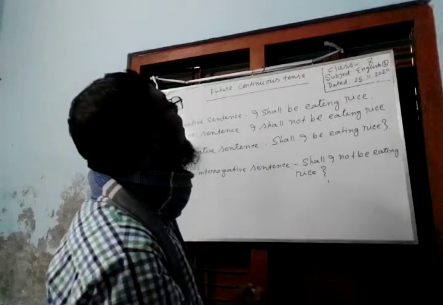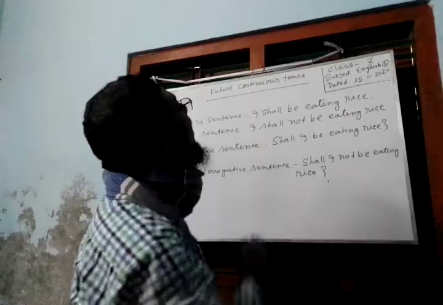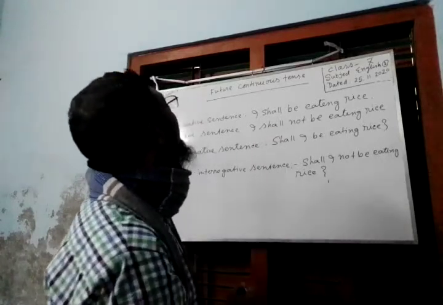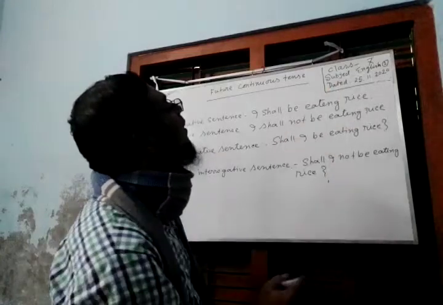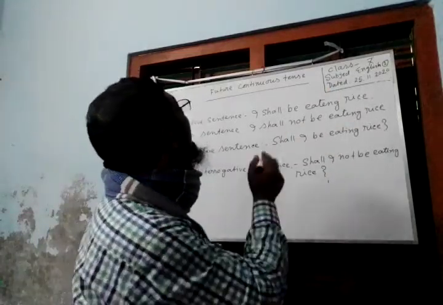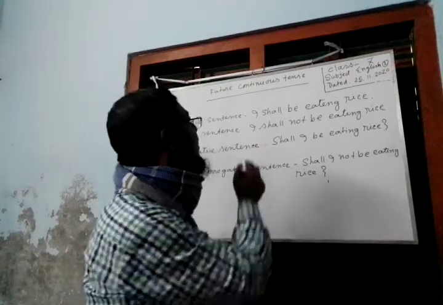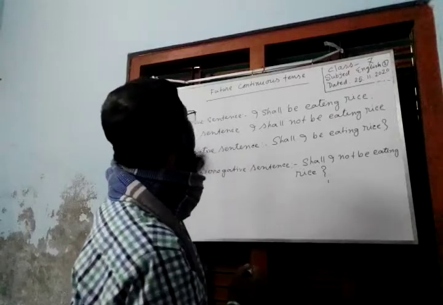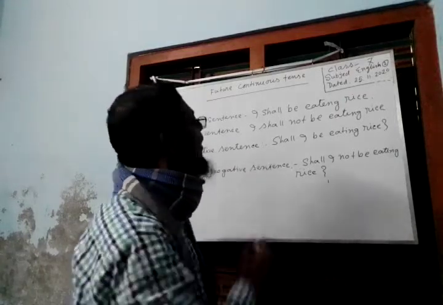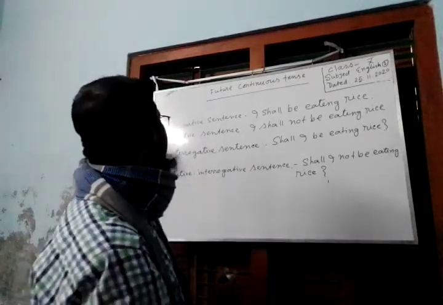Next, you will add ing at the end of the main verb. Next, you can write object or extension. So I have written, I shall be eating rice. It is an example of affirmative sentence on future continuous tense.